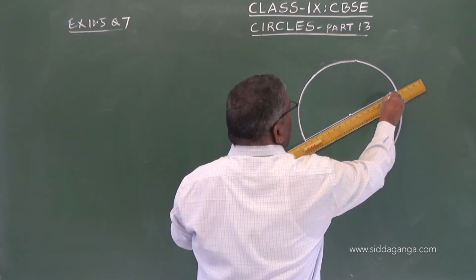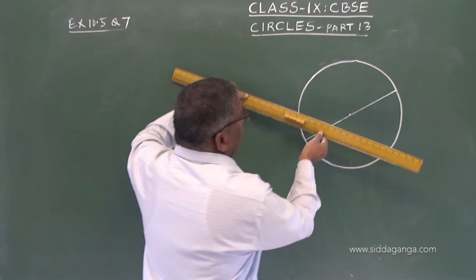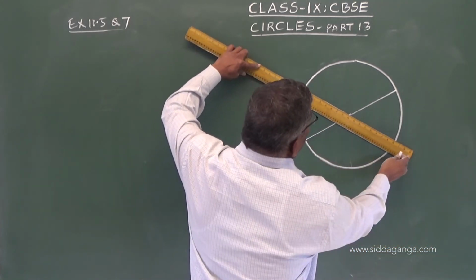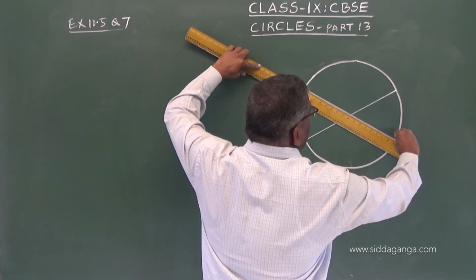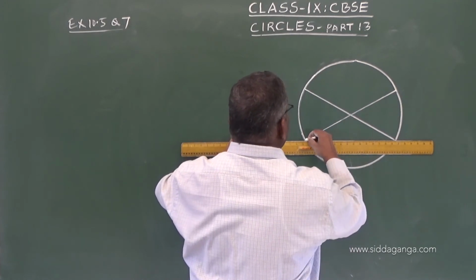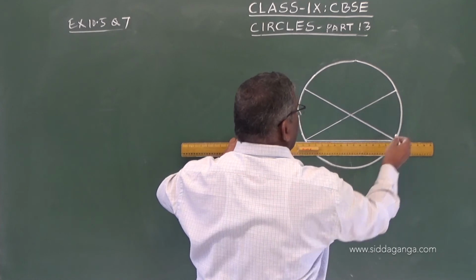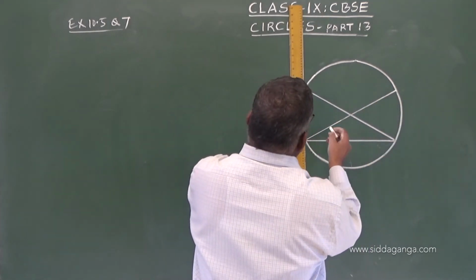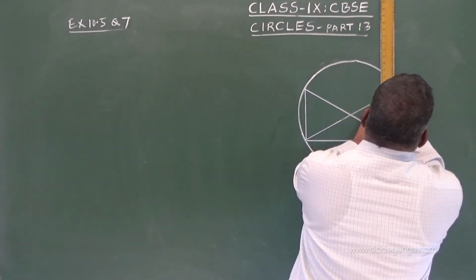This becomes a diameter as well as a diagonal of the quadrilateral. Now I will draw another line. These two are diameters. So now I will join this. So this is our figure. It is like this.